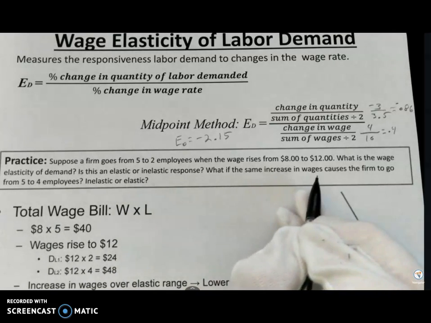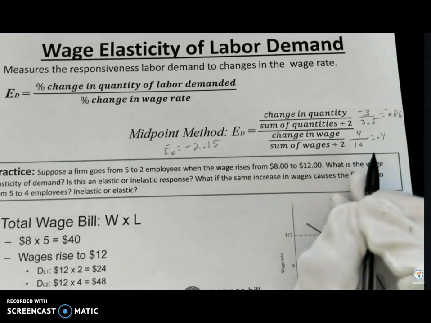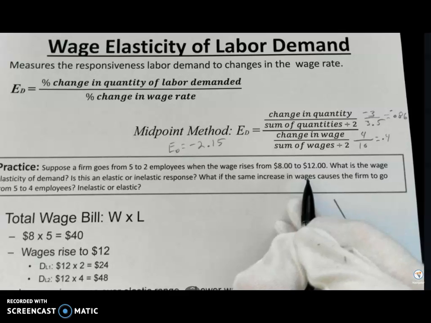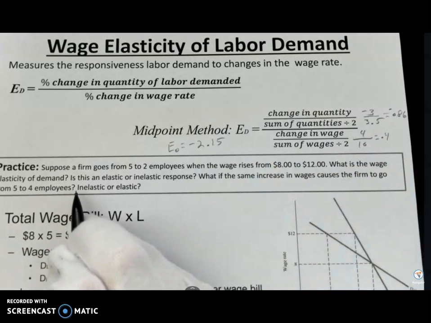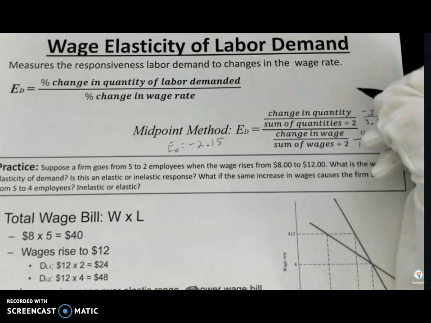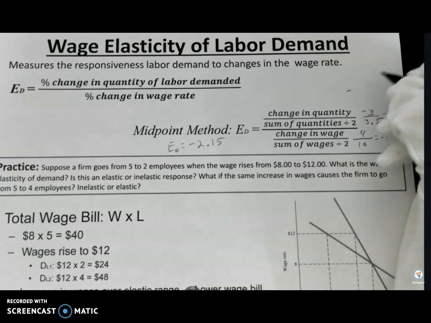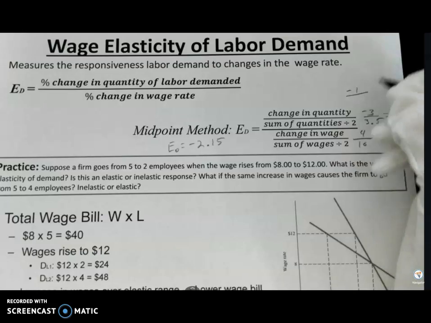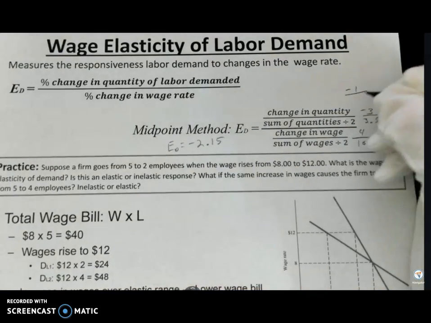What if the same increase in wages causes the firm to go from 5 to 4 employees? Well, in this case, the denominator is still going to be 0.4 because it says the same wage change, but the numerator is going to change. If we go from 5 to 4, then this numerator effectively becomes -1 divided by the midpoint. Well, 5 plus 4 is 9 divided by 2 is 4.5.